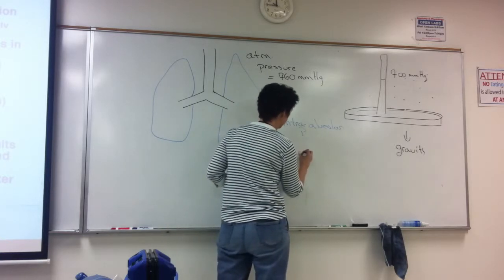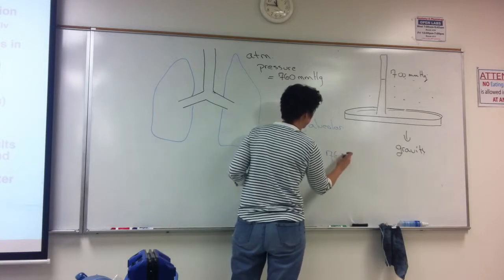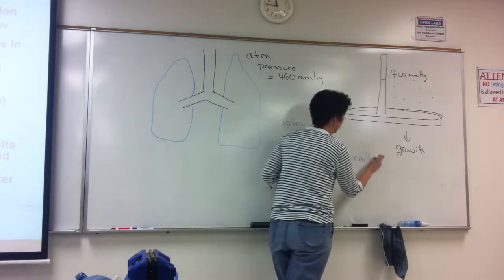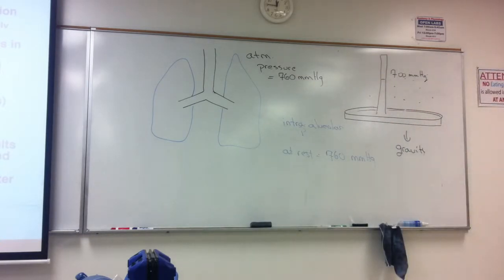At rest, neither breathing in nor breathing out, intraalveolar pressure is going to be equal to atmospheric pressure, and air will not move into or out of the lungs. So that's what happens when you're just not taking a breath. Now I had you do that with your mouth open, but your nasal cavity being open is going to be the same way. Air is neither moving in nor moving out.